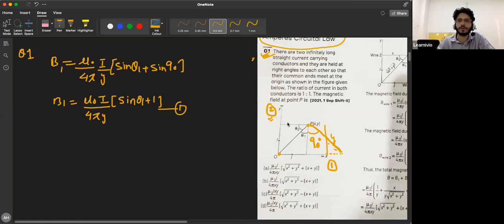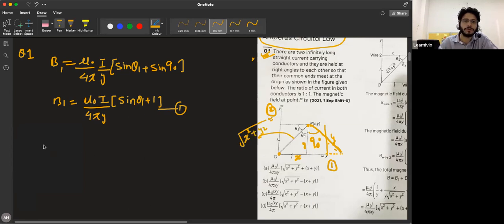After B1, you can calculate the value of B2. But first let's calculate sine theta 1. It's a right angle triangle. This is y, this is x, and the hypotenuse is root over x squared plus y squared.